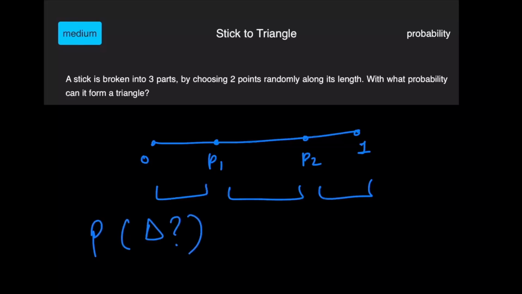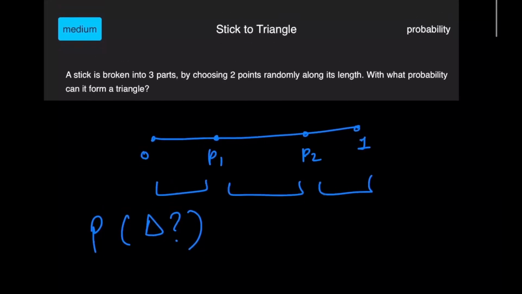So this is basically a problem where the trick is to try to understand what exactly the question is asking. Once you convert it into a mathematical problem, it's pretty easy in my opinion. So the trick is in understanding that we can look at P1 and P2 as two continuous random variables.